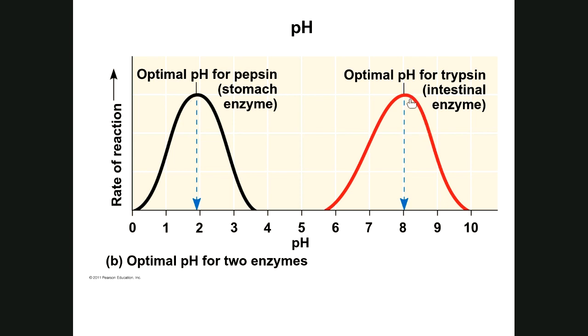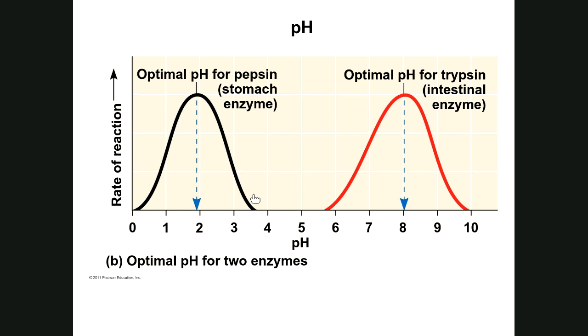For both enzymes, if you decrease the pH, this slowly begins to inhibit the enzyme's activity. For both enzymes, it doesn't matter what their optimal pH is. If you increase the pH, you get the same pattern but in the opposite direction. Slowly, the enzyme activity is inhibited.